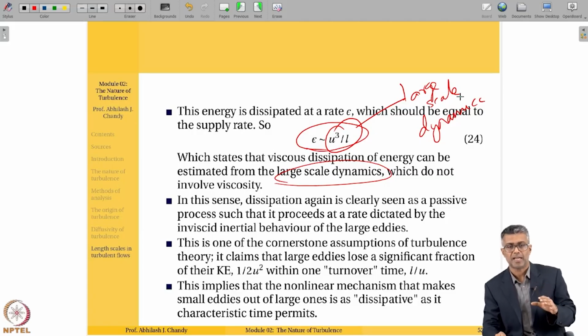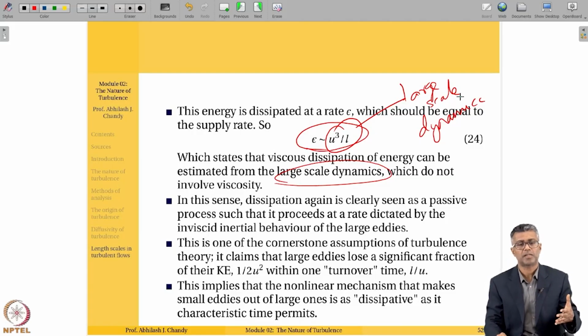So in this sense, epsilon, the dissipation, is clearly seen as a passive process. It's not determining the process. It proceeds at a rate that is dependent on the large scale dynamics. And what is the primary mechanism for the large scale dynamics?